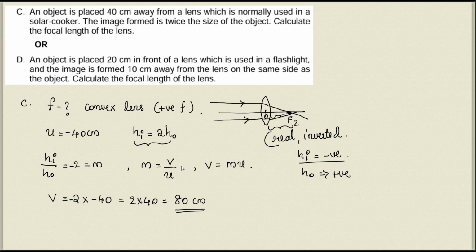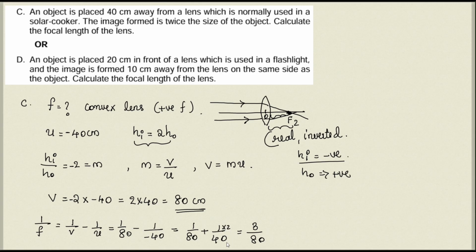Once you get the image distance, you can find the focal length. 1 by f is equal to 1 by v minus 1 by u, that is equal to 1 by 80 minus 1 by minus 40. Minus and minus becomes plus, so 1 by 80 plus 1 by 40. Take the LCM, and you will get 3 by 80.